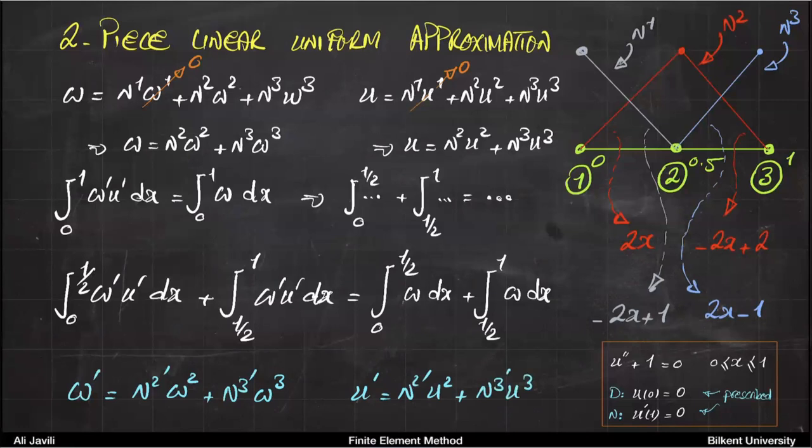Now remember, if for instance you have n2 to be 2x, n2 prime would be 2. Here n2 prime would be minus 2. So you can simply write these functions like that, and then you write each of the integrals using this format.